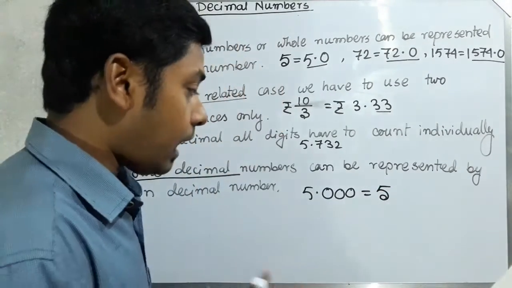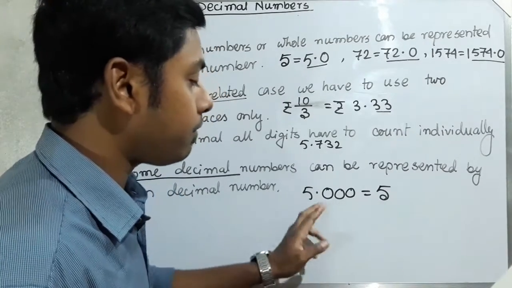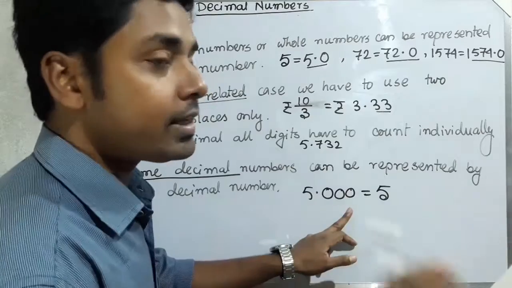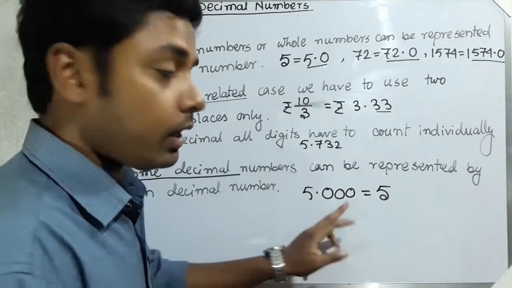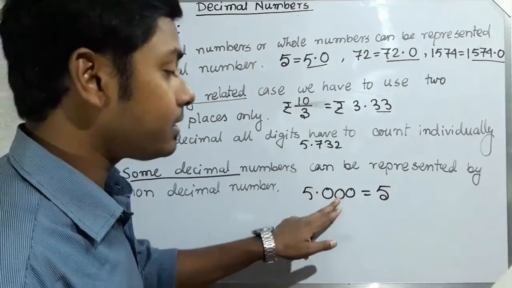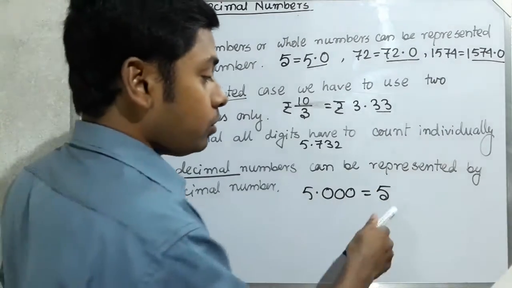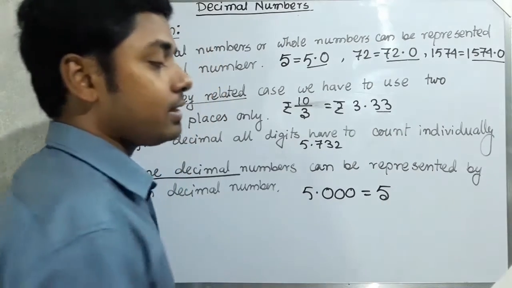Why? Because after the point you will have only 0s. If after the point you will have no digits other than 0, then you can write it like this.